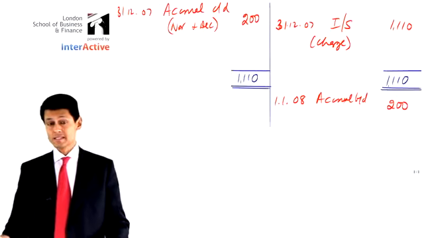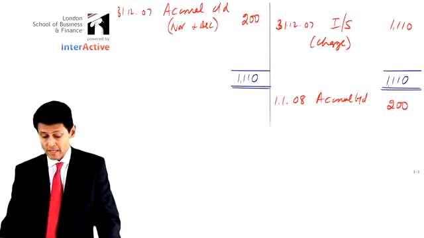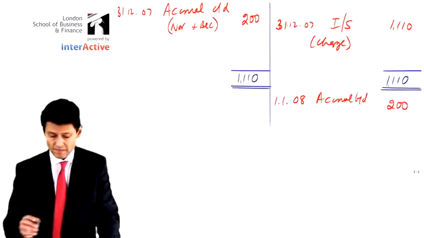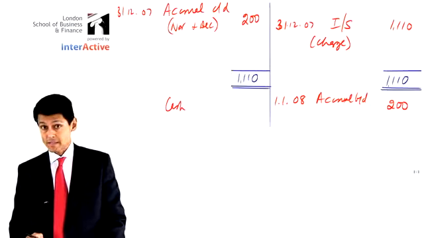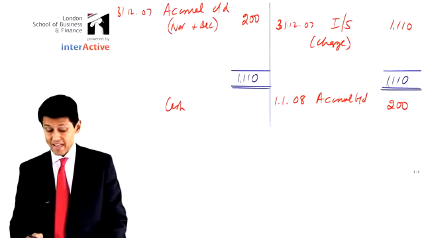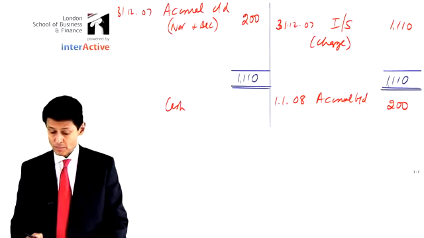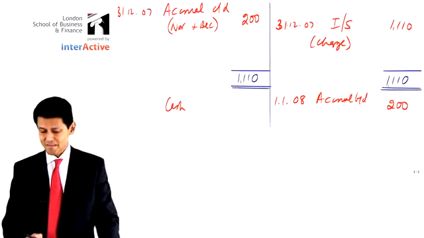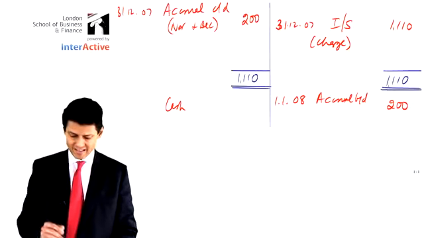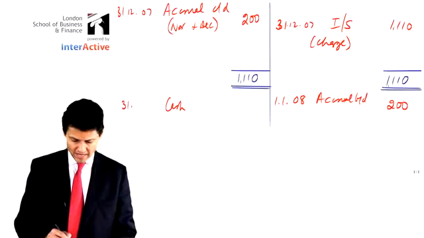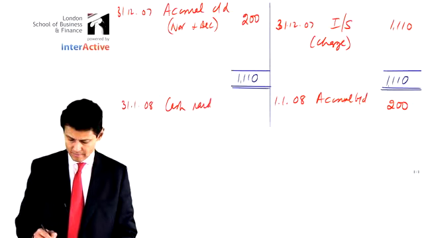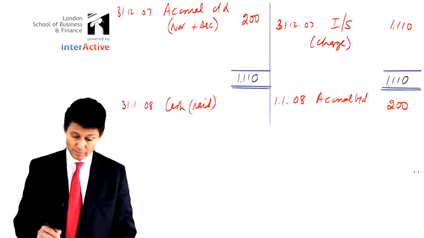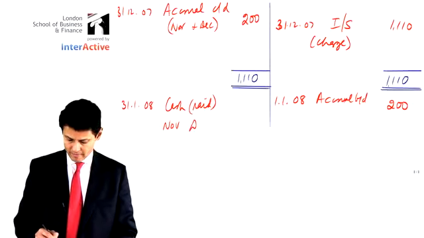So what we're saying is, if in due course an amount is paid, let's say there's a bit of cash paid on this side in the new year, let's say in January, end of January, that first payment would be cancelled by the 200, you see? So let's say on the 31st of January 08, there's a cash paid for the months of, I suppose it'll have to be November, December, and January.